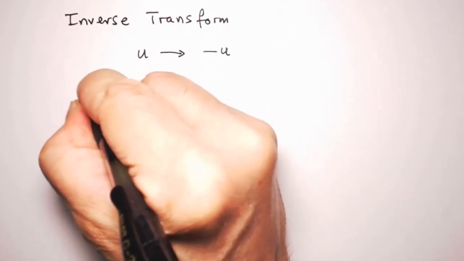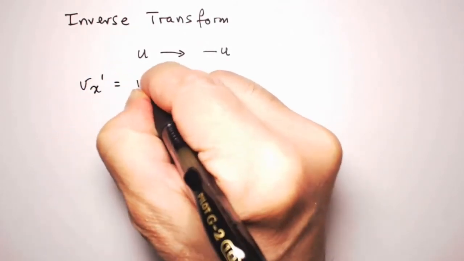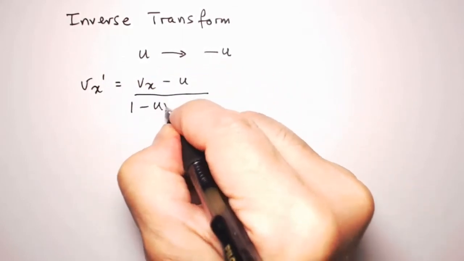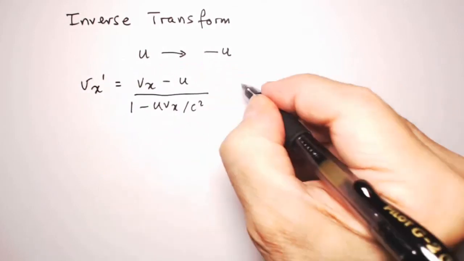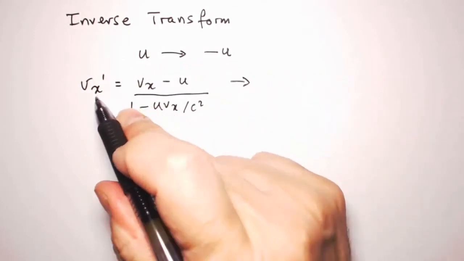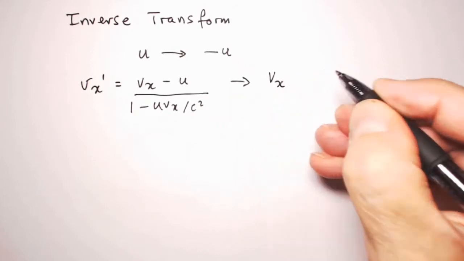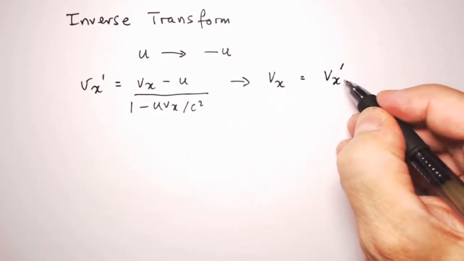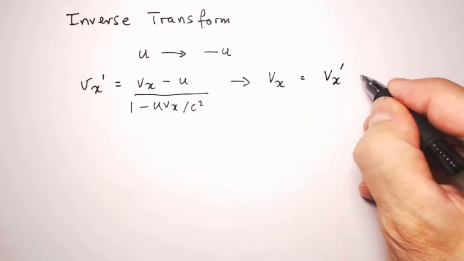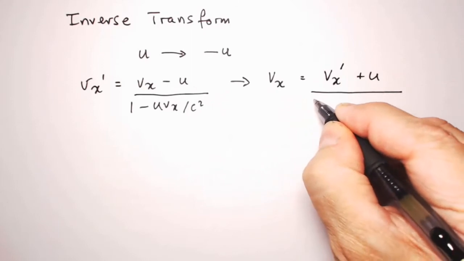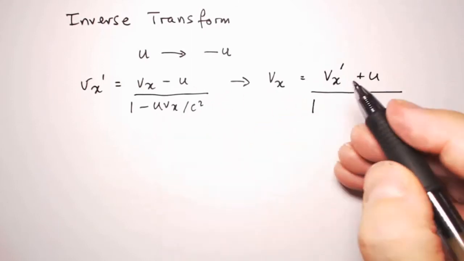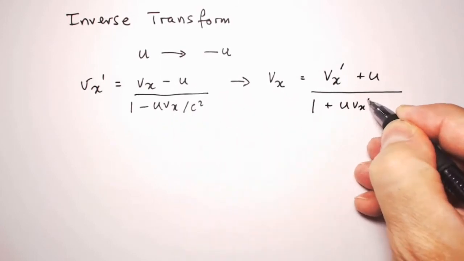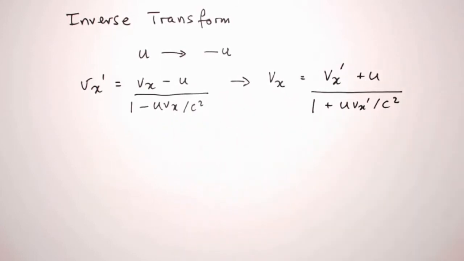So if we start with vx prime equals (vx minus u) divided by (1 minus u vx upon c squared), if we transform that, we change the vx prime to a vx, and we change the vx here to a vx prime. The minus u we change to a plus u, and down below the line we change the minus u to a plus u, and the vx to a vx prime. So there we have the inverse transform in the x direction.